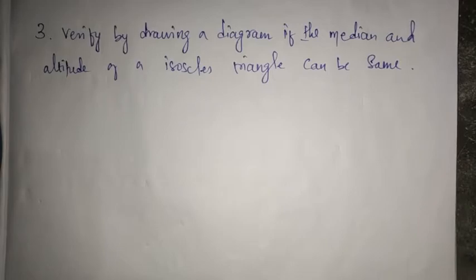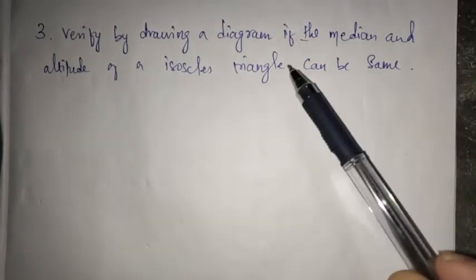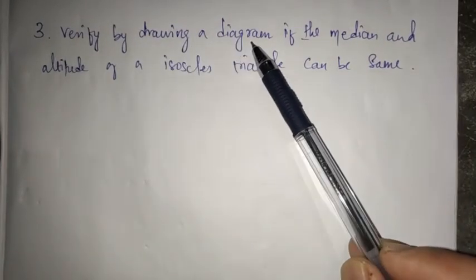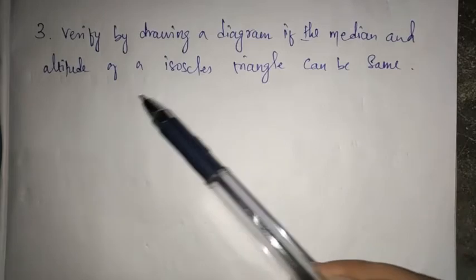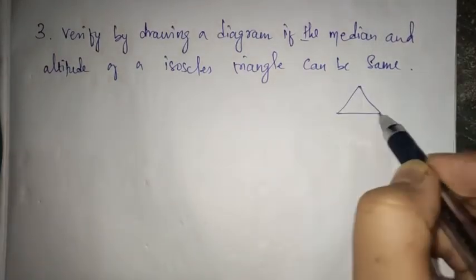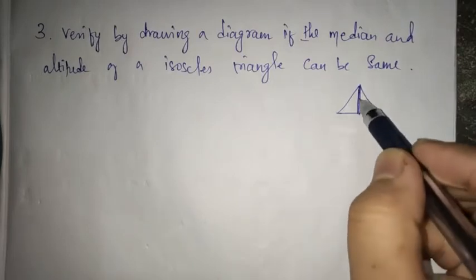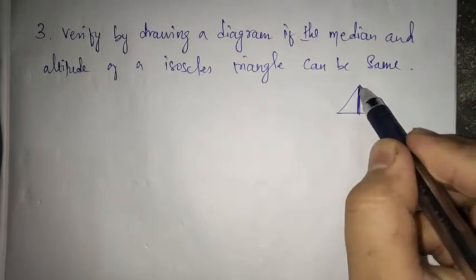Let us now proceed to question number 3 from exercise 6.1. The question is, verify by drawing a diagram if the median and altitude of an isosceles triangle can be the same. Okay, so you know what a median is. If there is one triangle, you draw a line from one vertex to the middle of the opposite side.